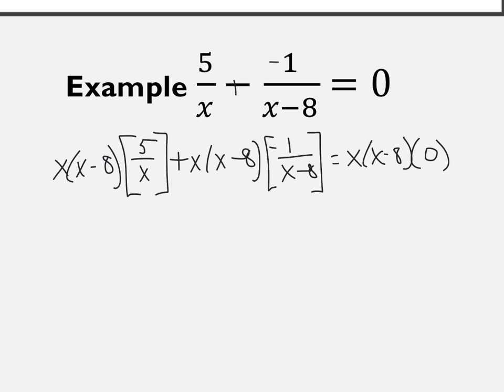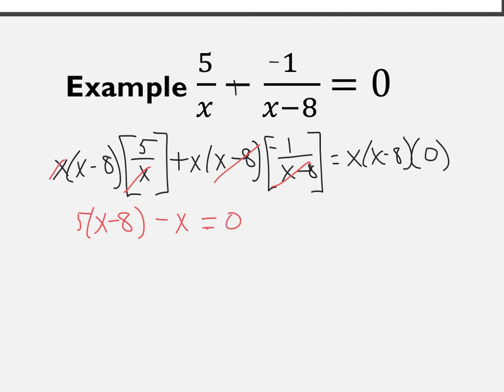Okay, and notice here the x's cancel out on the far left, and we're left with 5 times x minus 8. In the middle, the x minus 8's cancel out, and we're left with minus 1x. And on the right, remember 0 times anything is just 0.